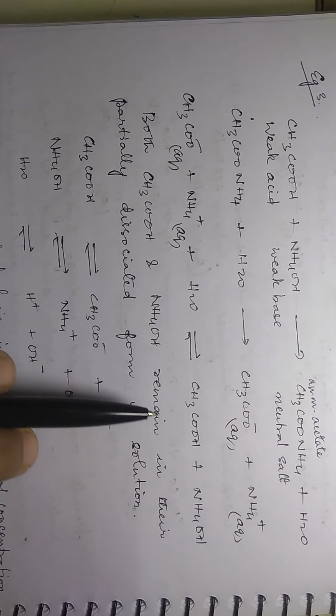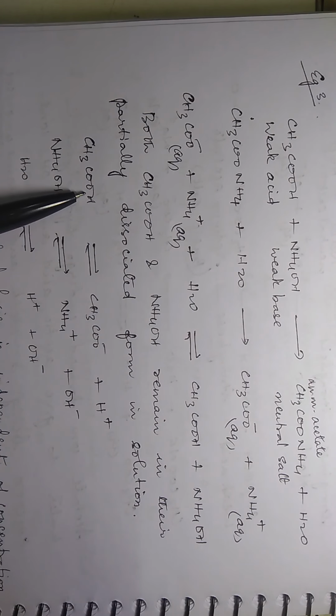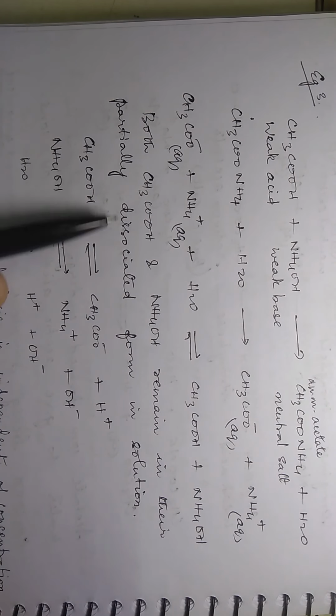Okay, so if at all acetic acid is undergoing dissociation, it will partially dissociate to give you acetate ion and H plus ion, and NH4OH, again a weak electrolyte, that will also undergo partial dissociation. See, this reversible equilibrium tells you that they are weak electrolytes and their ionization is partial. It will give you NH4 plus and OH minus, and water will ionize to give you H plus and OH minus.